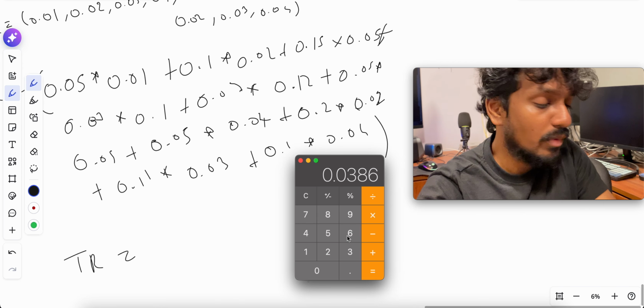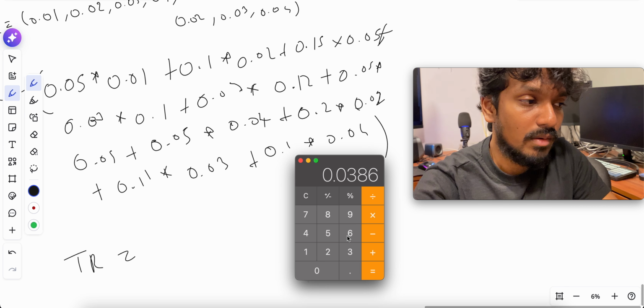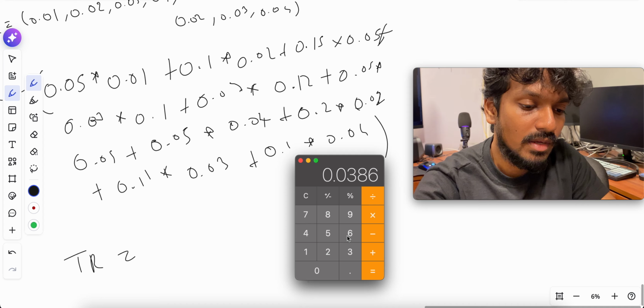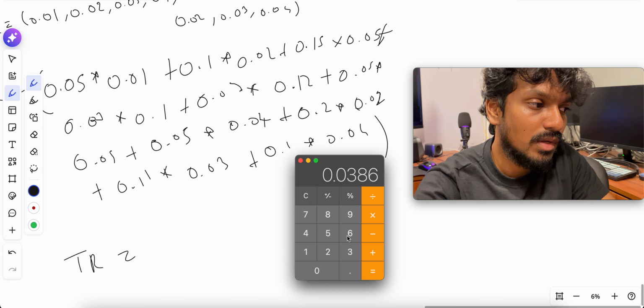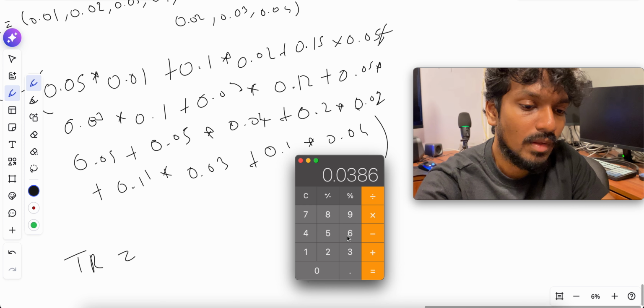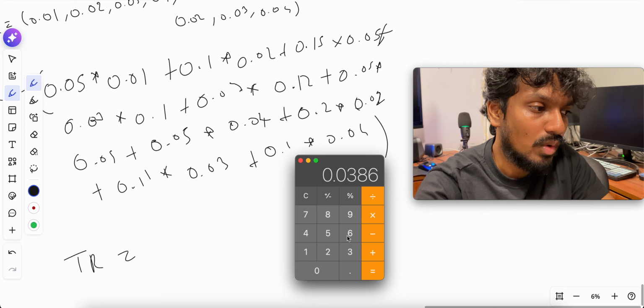So let me put it on my mobile. 0.05 into 0.01 plus 0.1 into 0.02 plus 0.15 into 0.05 plus 0.08 into 0.1 plus 0.07 into 0.12 plus 0.05 into 0.05 plus 0.05 into 0.04 plus 0.2 into 0.02 plus 0.11 into 0.03 plus 0.1 into 0.04.